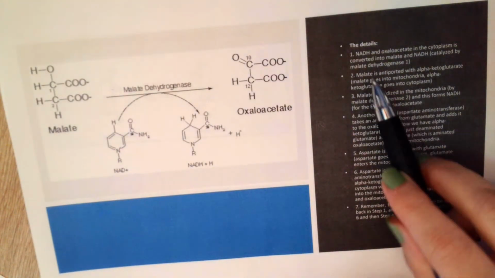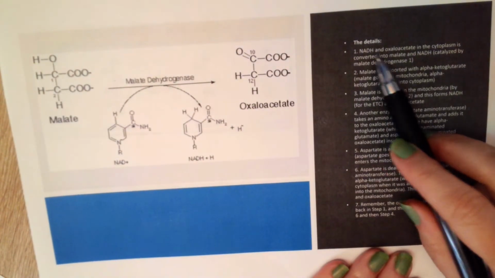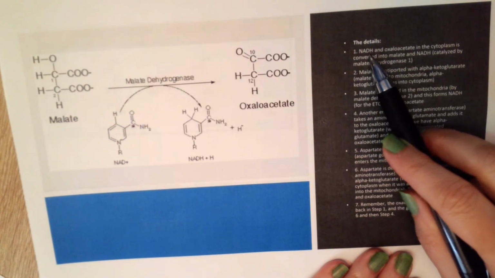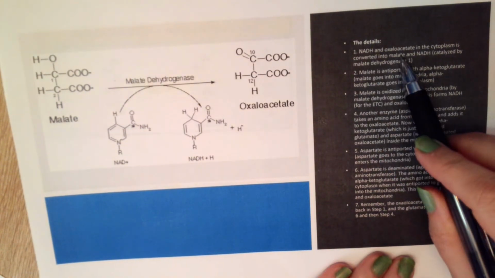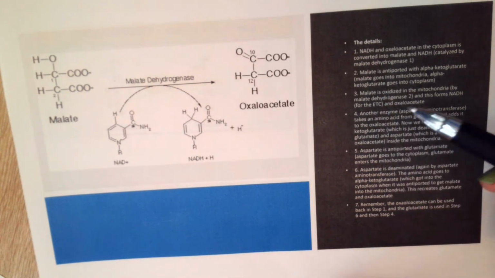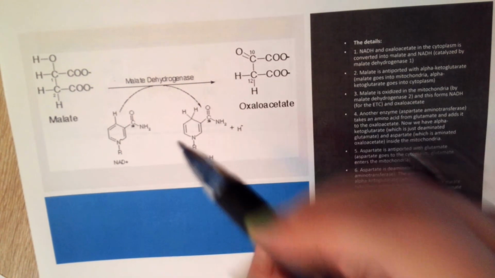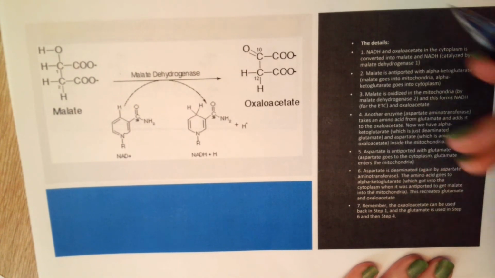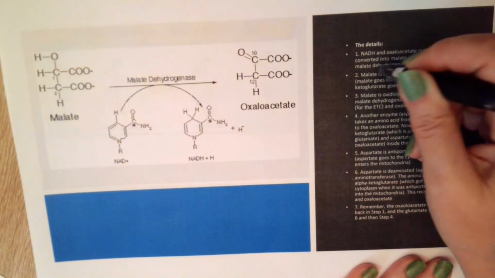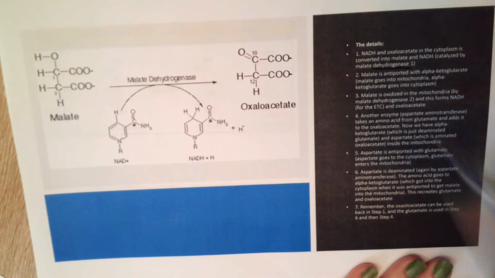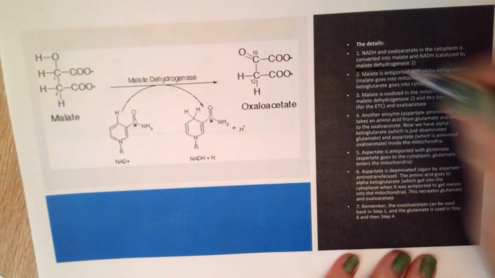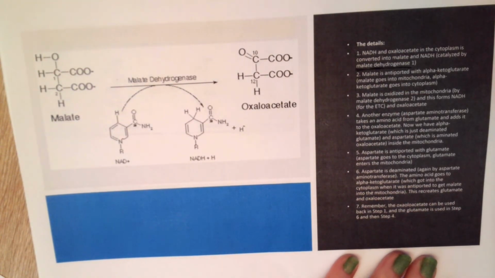So we have taken the oxaloacetate, added that hydrogen from the NADH, and we have malate, and then we have NAD left over. The whole reaction there is catalyzed by a dehydrogenase. Remember, we've said that dehydrogenase enzymes are responsible for taking away hydrogens off of things, so that's what we did. And this specific dehydrogenase is malate dehydrogenase 1.